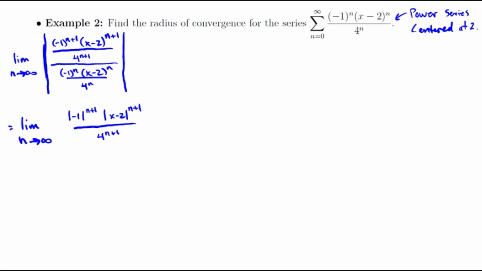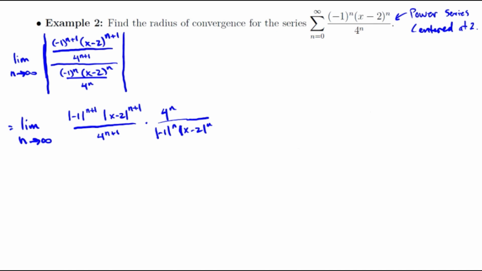That'll always be positive. And then I'll multiply by the reciprocal. 4 to the n doesn't need the absolute values, but then negative 1 to the n, and then absolute value of x minus 2 to the n.